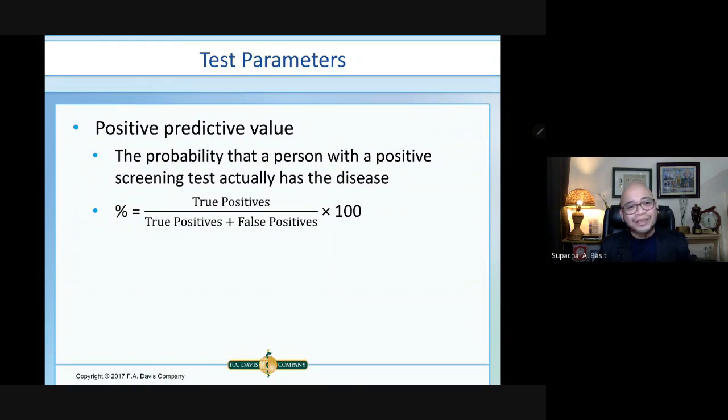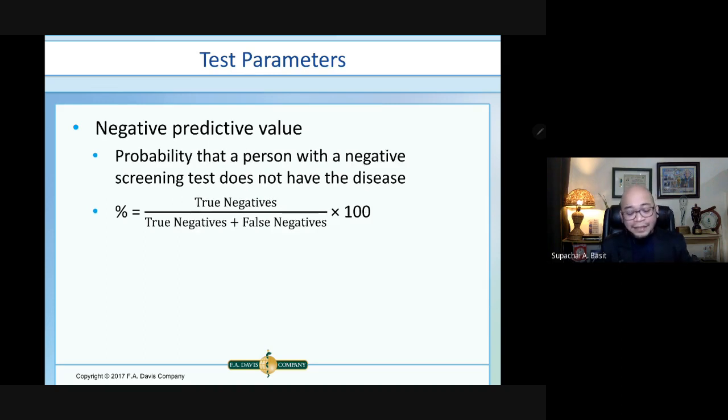It is computed by determining the amount of true positive over true positive plus false positive times 100. And when we say negative predictive value, it is the probability that a person with a screening test does not have the disease. So it is computed by determining a true negative over true negative plus false negatives.